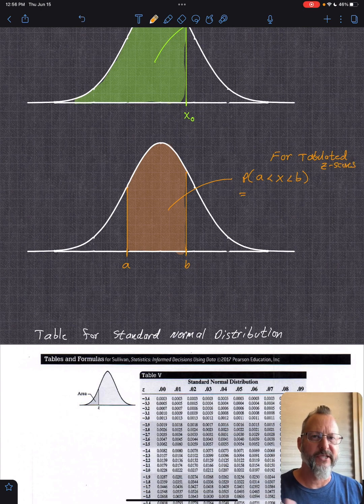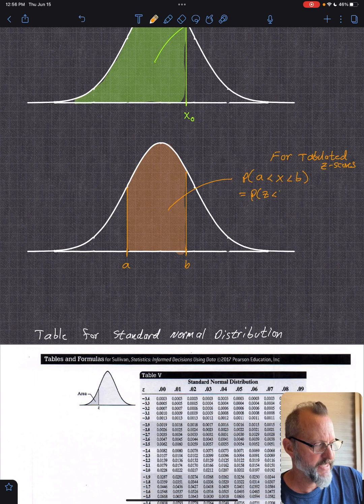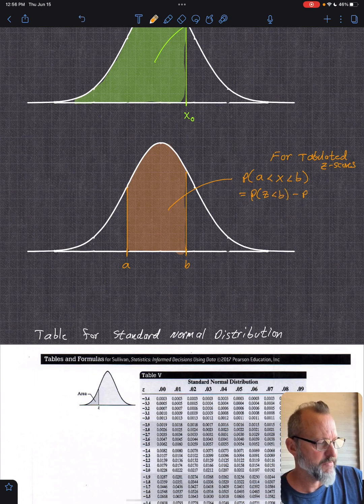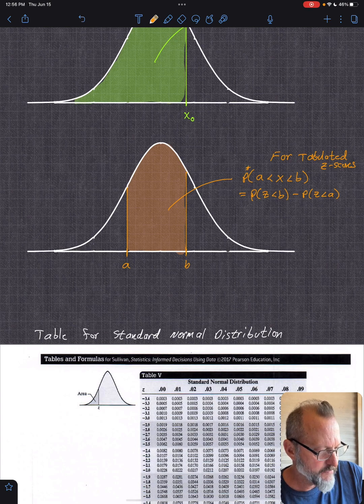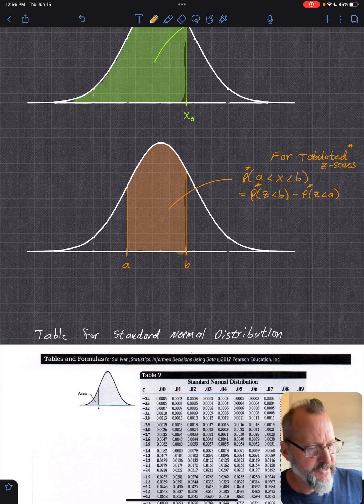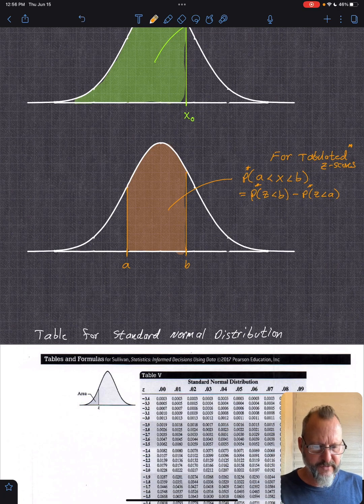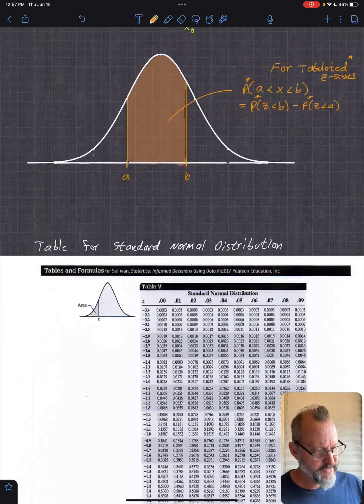So accumulation tabulated z-score. You do the probability of z less than b minus the probability of z less than a, because that's what it gives you when you do the calculation. It's only true for the tabulated stuff. You add it up.